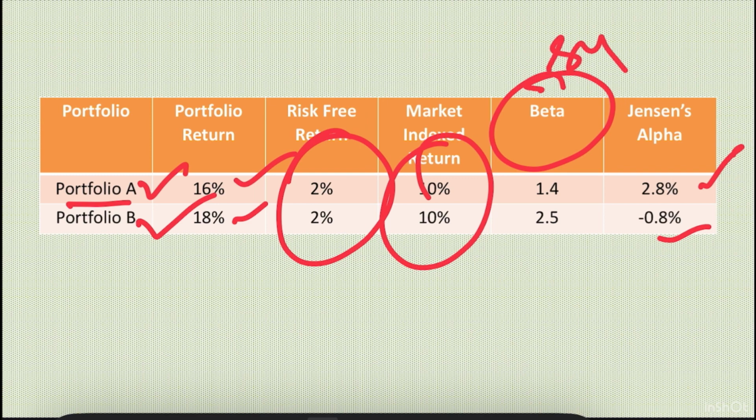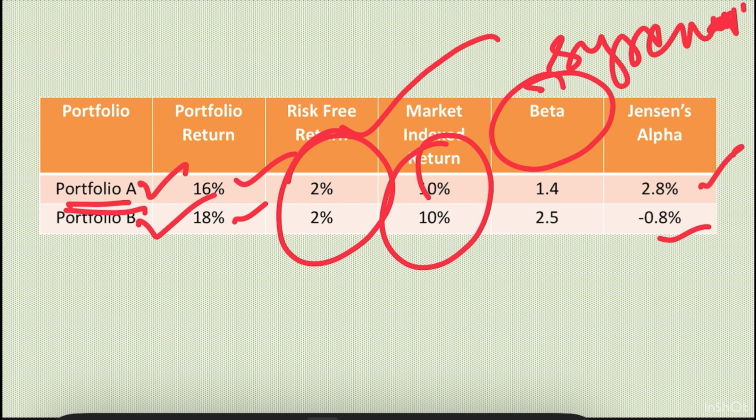Our systematic risk, right? When I take into account everything, that is risk-free returns, market index, and our systematic risk, so one value that I get, then I see portfolio A is performing better than portfolio B, right?